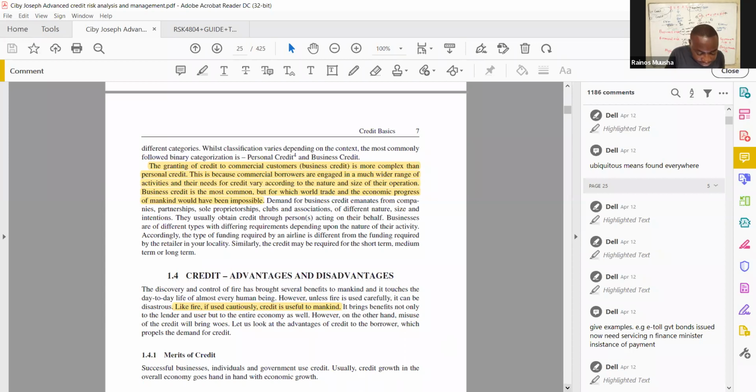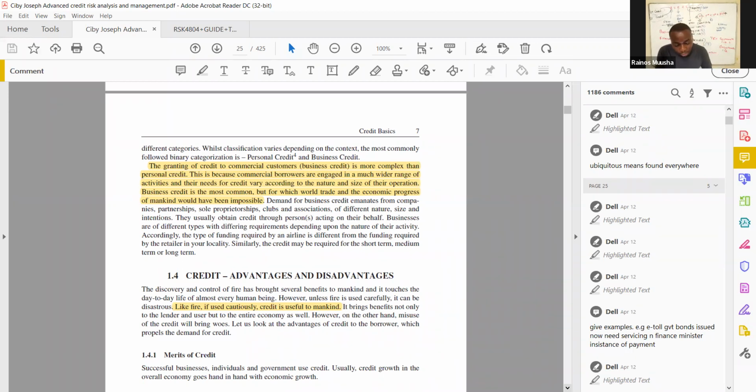So they say business credit is the most common, but for which world trade and economic progress of mankind would have been impossible.